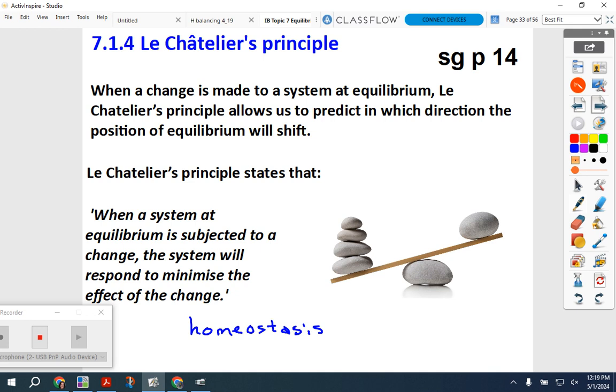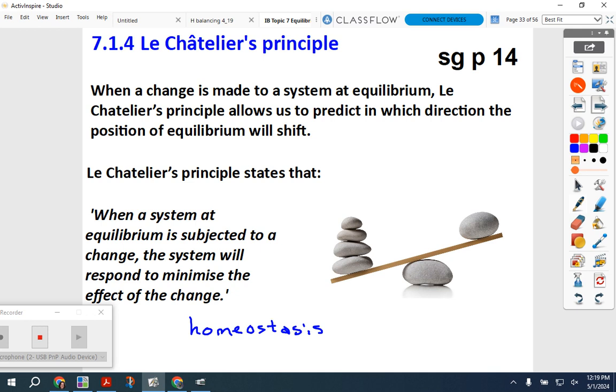And we're going to be able to predict what's going to happen based on what we know about the equilibrium constant, what we know about the reaction, et cetera. So a statement of the principle is that when we have a system that is at equilibrium, but then that system is subjected to change, the system is going to respond to minimize the effect of that change.